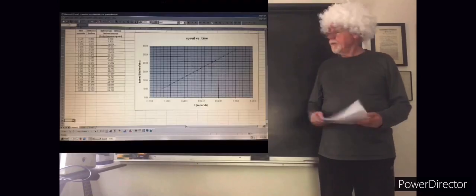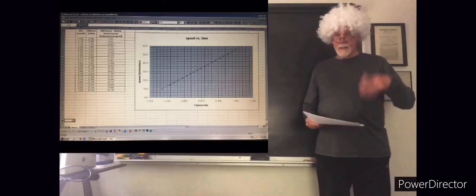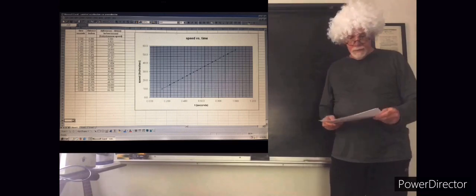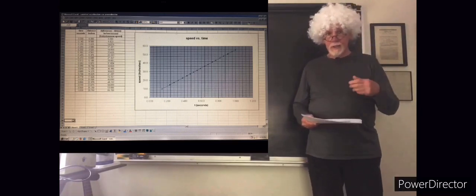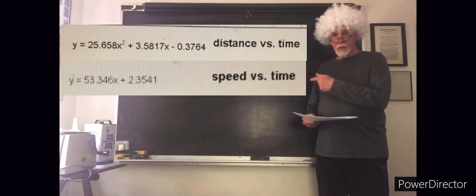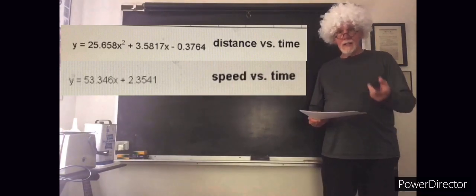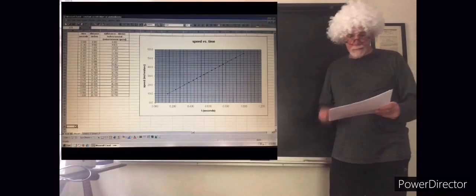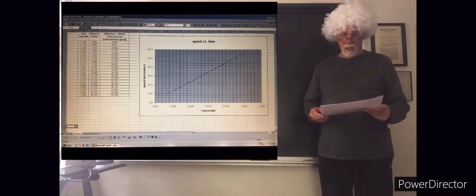Okay, and now this plot is the speed versus time of the truck. I took the first derivative of distance versus time and plotted it, and this is what I get. And you'll notice that is a straight line.